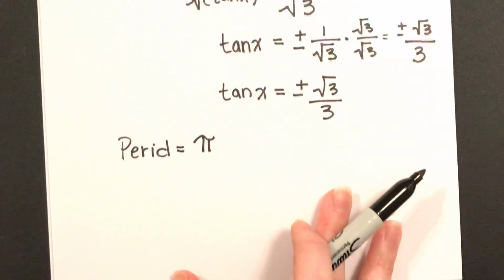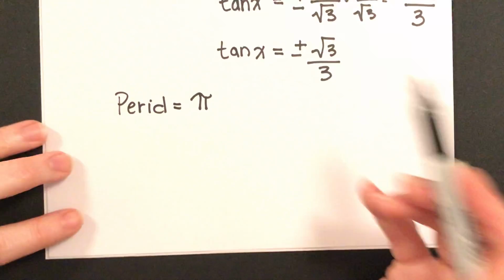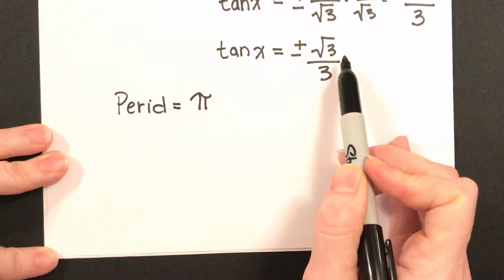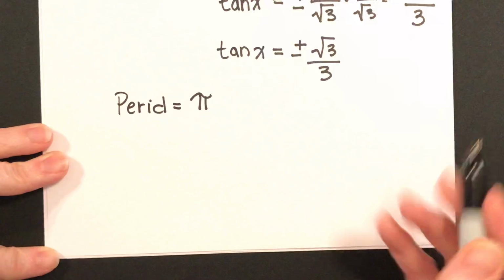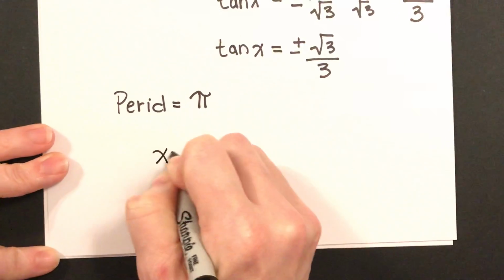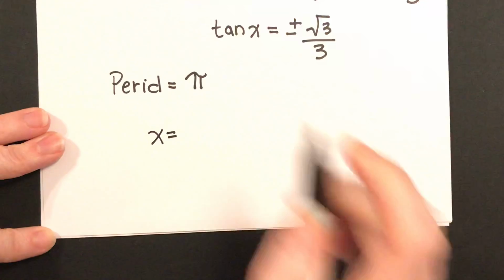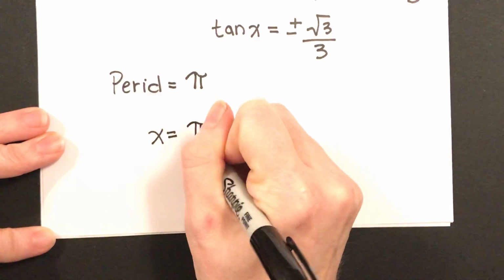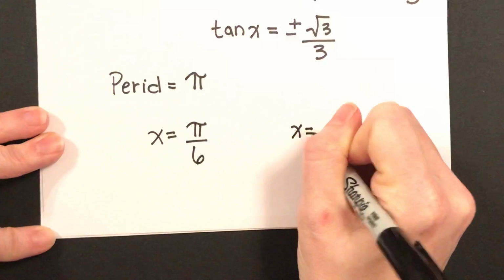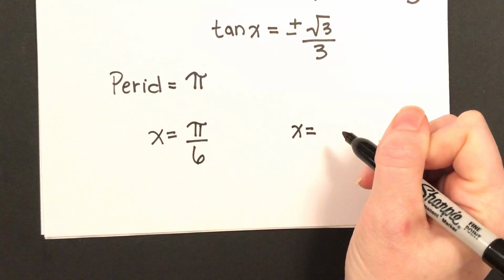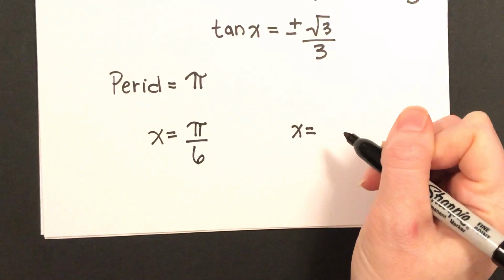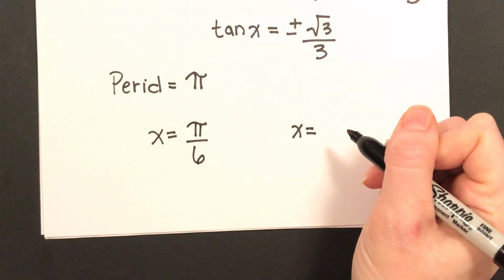All right. So all that to say, when tangent x is positive or negative square root 3 over 3, we would be at pi over 6, or, what do we say, 5 pi over 6, right? Yes.